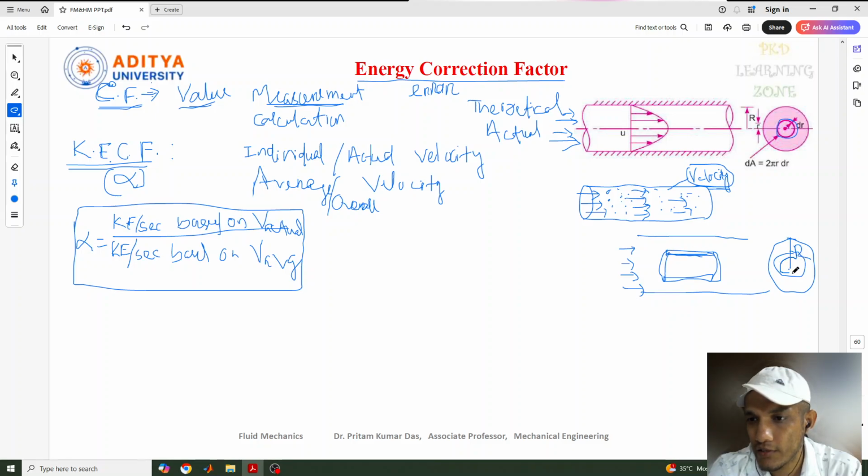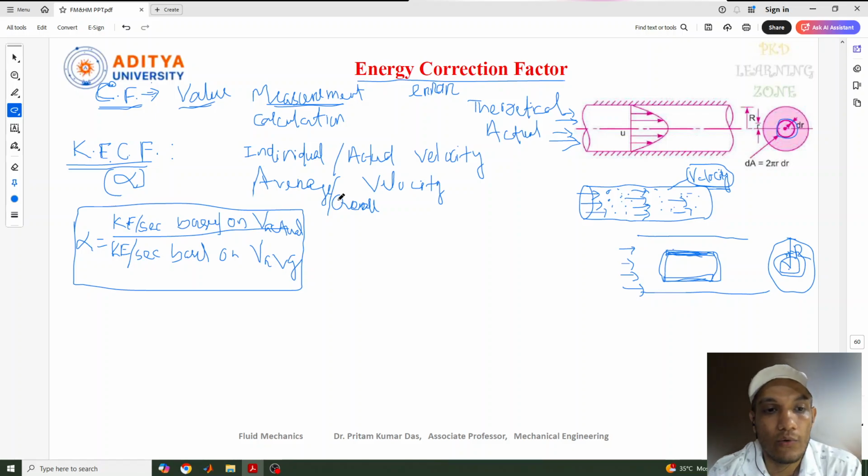Its thickness is delta R, and the radius is r. So radius r and this thickness dr, very small. The flow through this elemental strip is what we need to consider here.